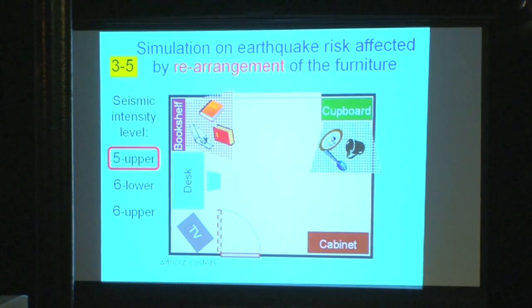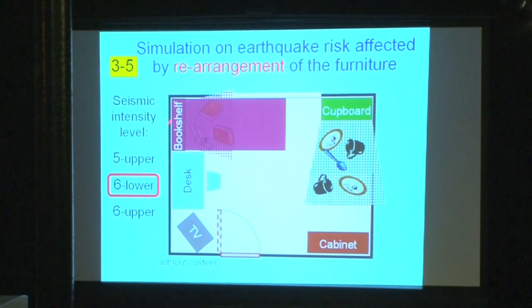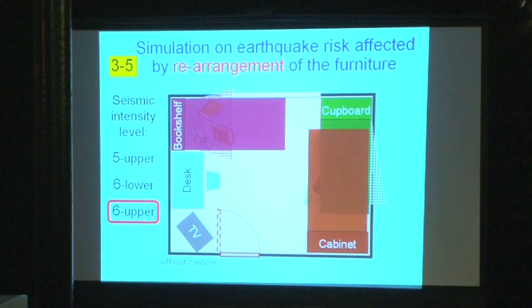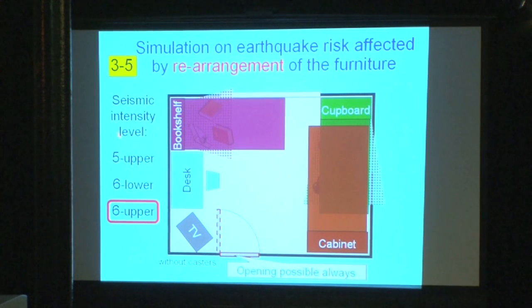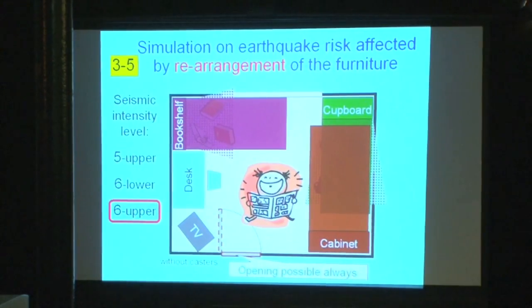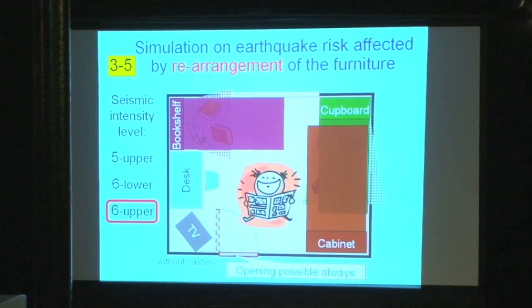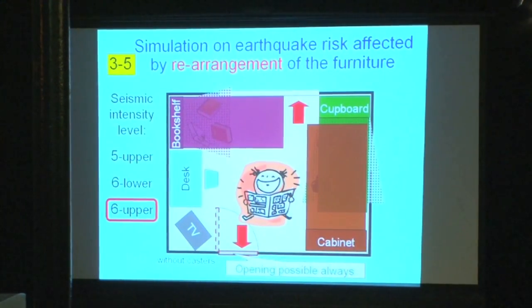Books and dishes start to be thrown out, and at 6 lower, the bookshelf falls. Finally, all furniture falls down. However, some space remains here. Therefore, nobody suffered any injury. And the evacuation route can be kept in two directions.